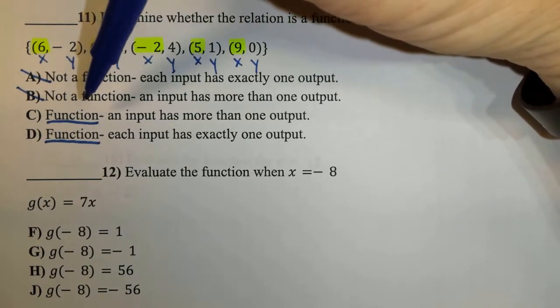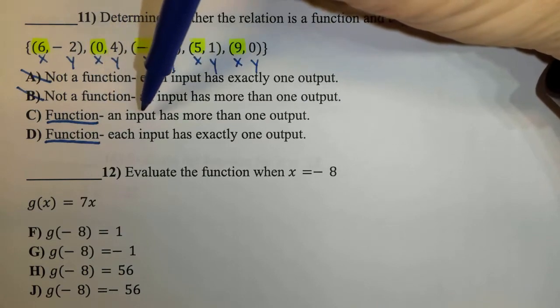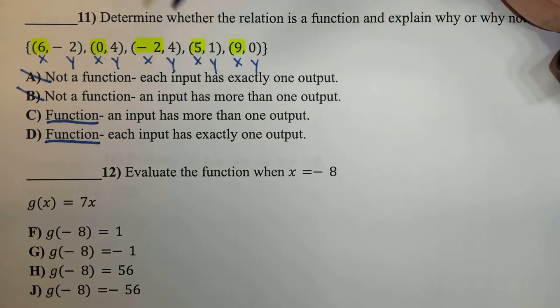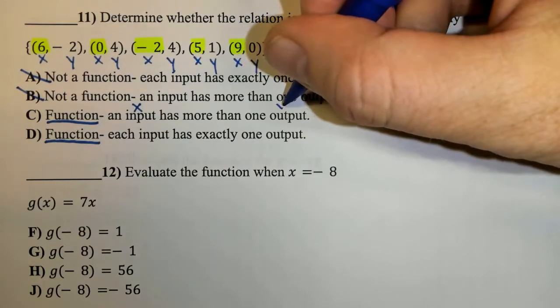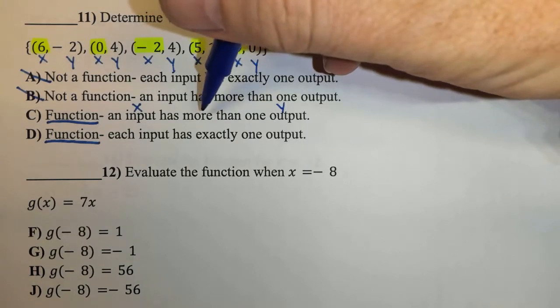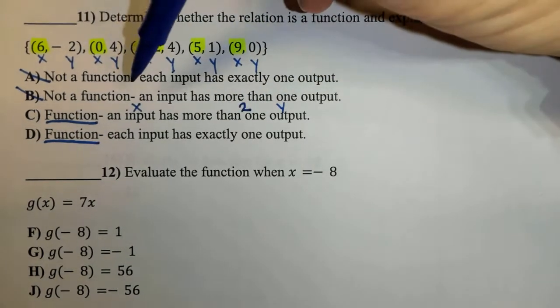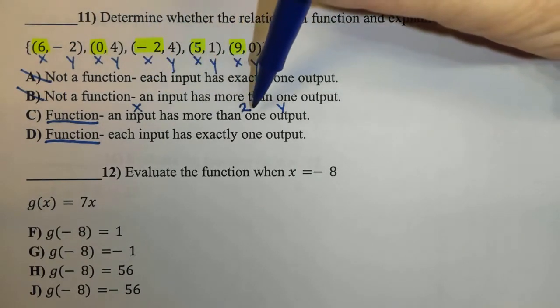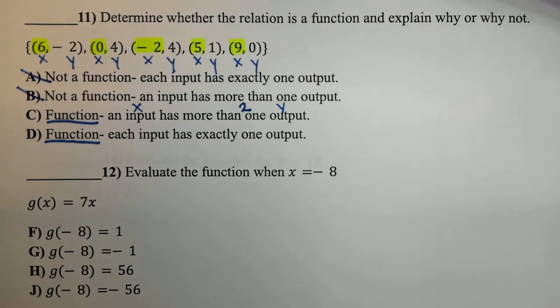So this is saying that these numbers are a function because an input has more than one output. Or in other words, an input x has more than one output y. What's any number more than 1? 2. So is it true that if one x has 2 y's, that is a function?